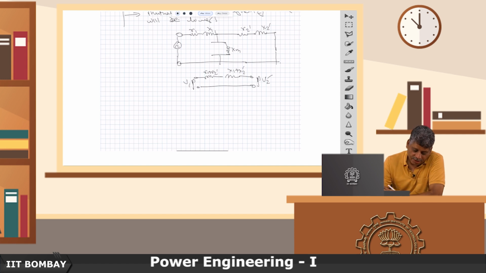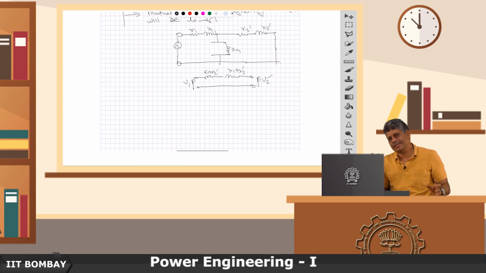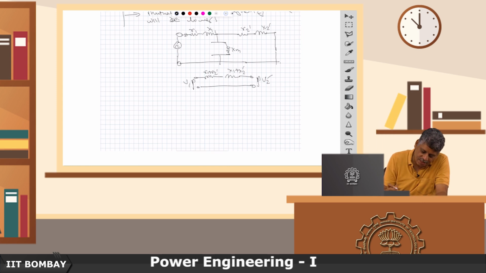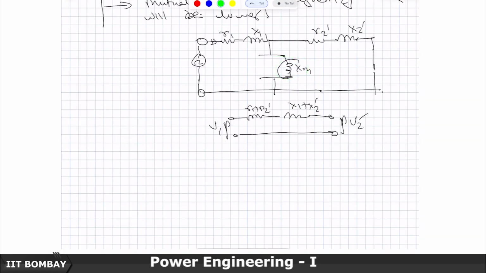Secondary short circuited. So, you can see that this is the starting point, and a large current would be drawn. Your Xm here is smaller than in your transformer, and the leakage reactances, X1 and X2 dash, are going to be higher. Why?